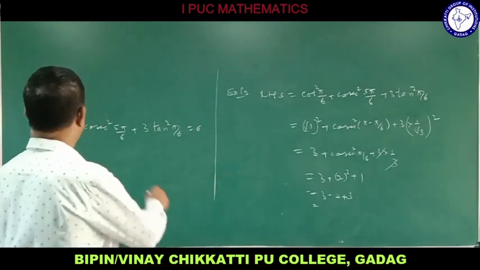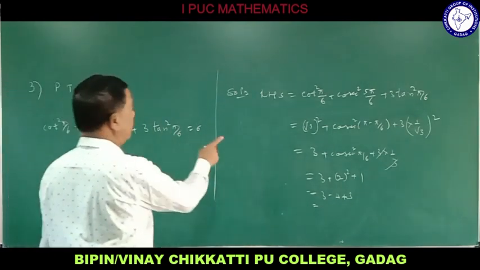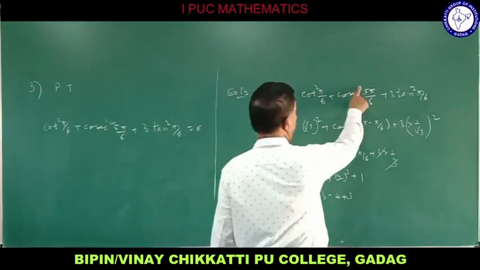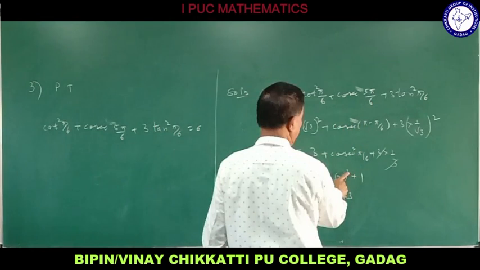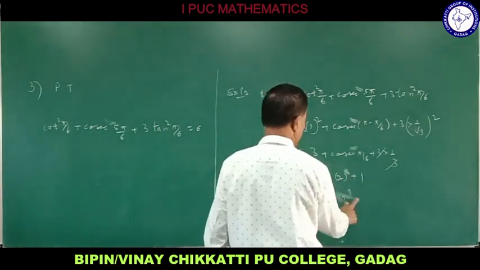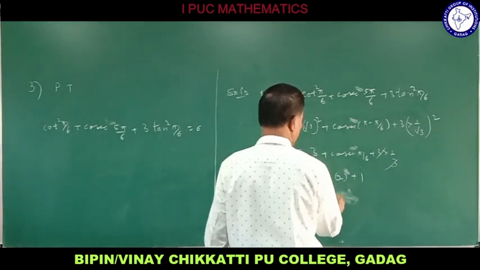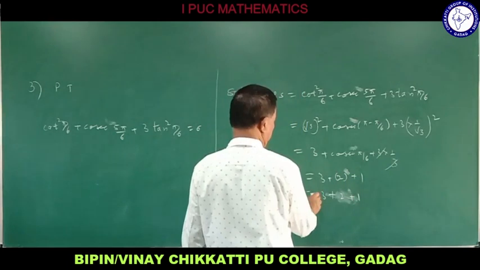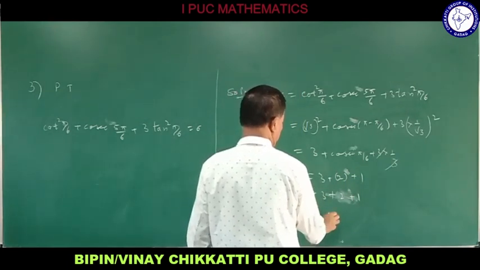Here cosec square, here cosec square, so this cosec square is not there, so we cannot take this cosec square. What we get here is not a square, and the problem is this is plus 2 plus 1. So 3 plus 2 is 5, plus 1 becomes 6.